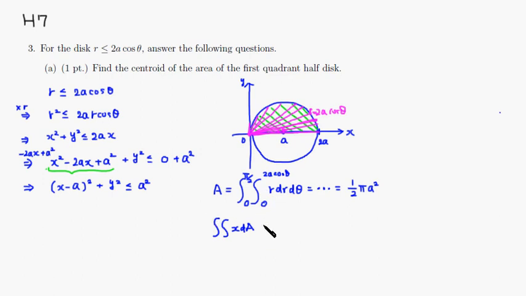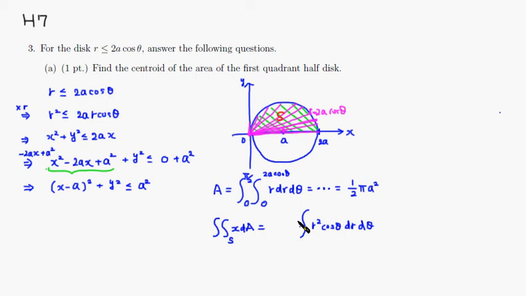Let's call this half disk S. So over the half disk S, dA is r dr d theta and x is r cosine theta. There are two r's, so we get r squared cosine theta dr d theta.